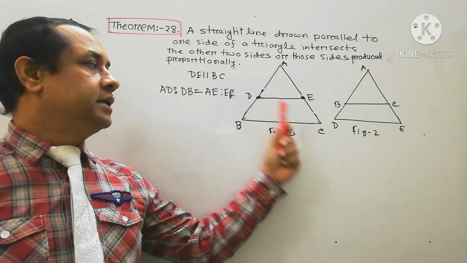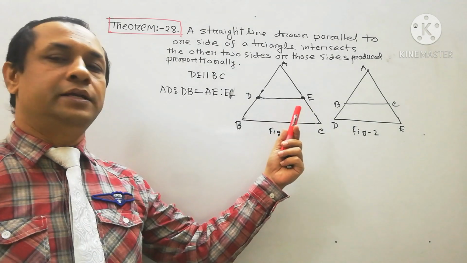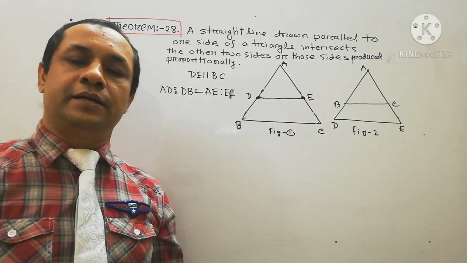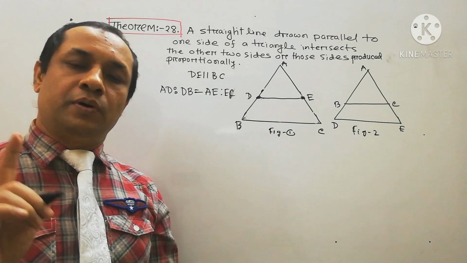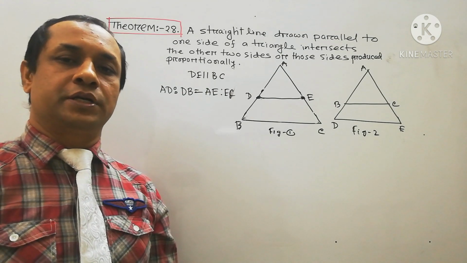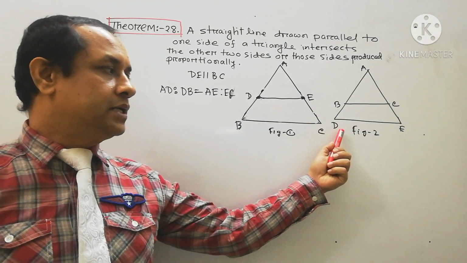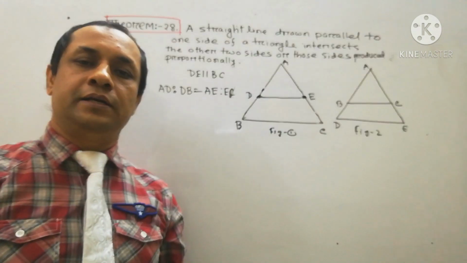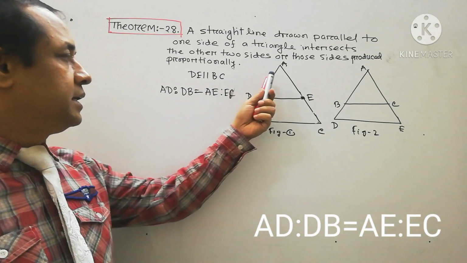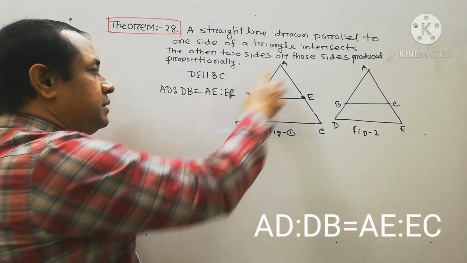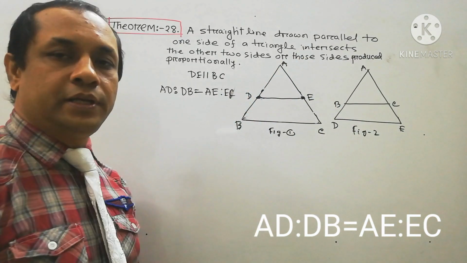I say again, students, ABC is a triangle. Here DE is parallel to BC and the straight line intersects AB and AC in figure number 1, or their produced sections in figure number 2, at the points D and E respectively. So it is required to prove that AD is to DB equals AE is to EC.